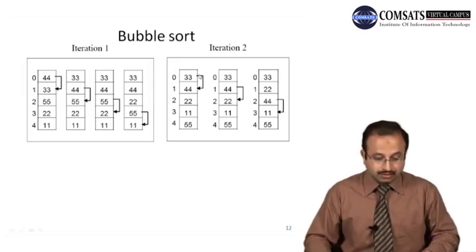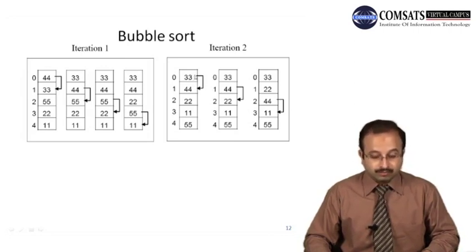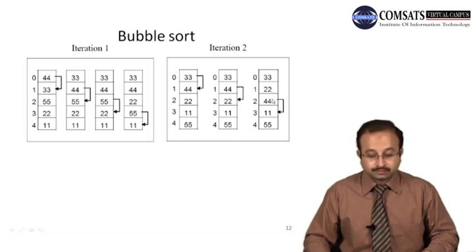Okay? In the second iteration, it starts comparing the 0th index value with the 1st, and if the element at 0th index is larger, it swaps these two values, and then 1st with second. Now this element is larger than the element at the second index, so it swaps these two values, and the values become 22 and 44. Now it compares 44 with 11.